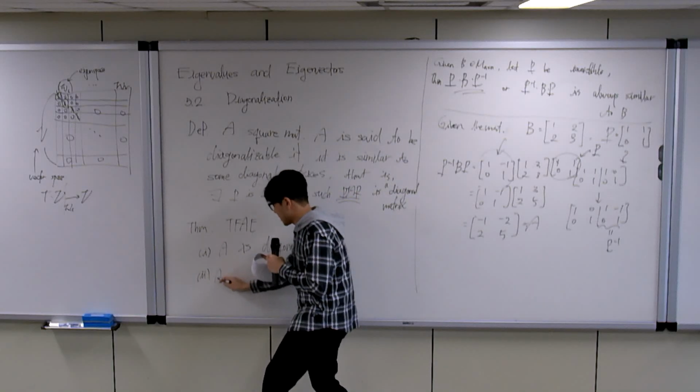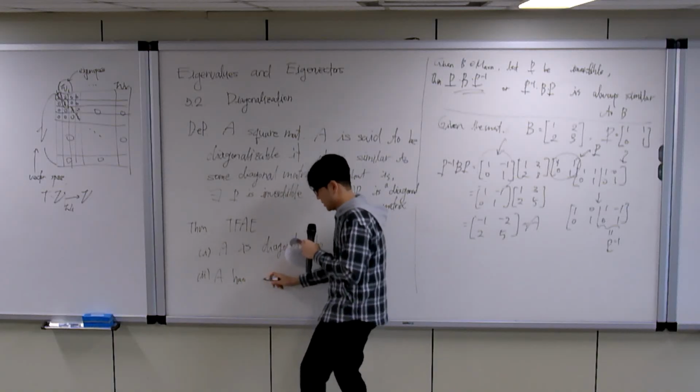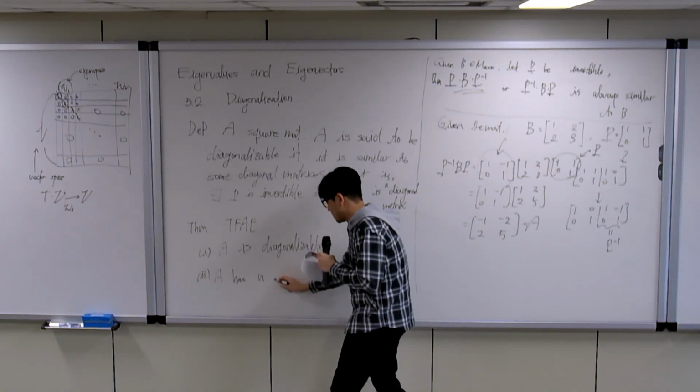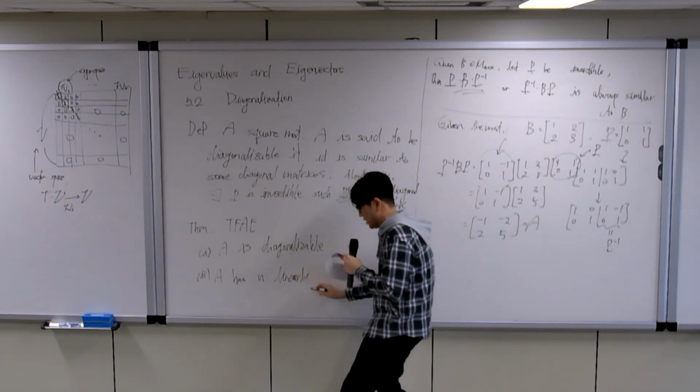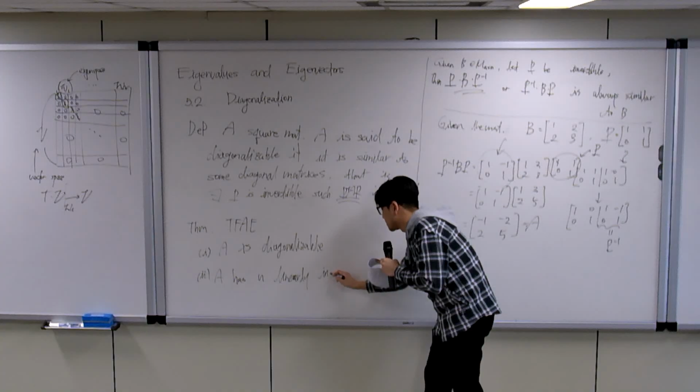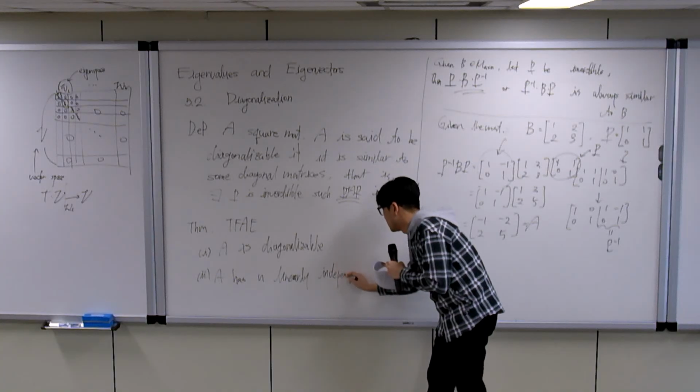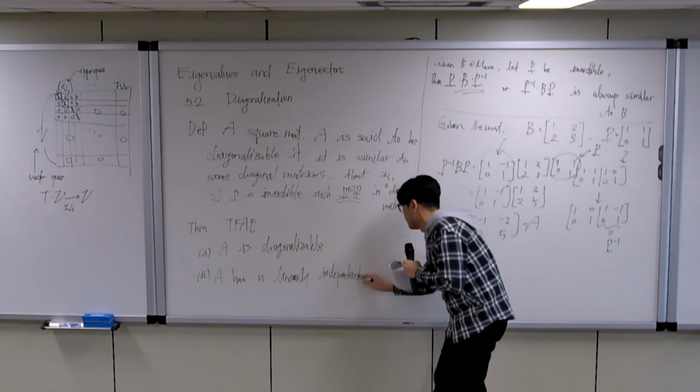And we will denote P in column vector form as P1, P2, and Pn.